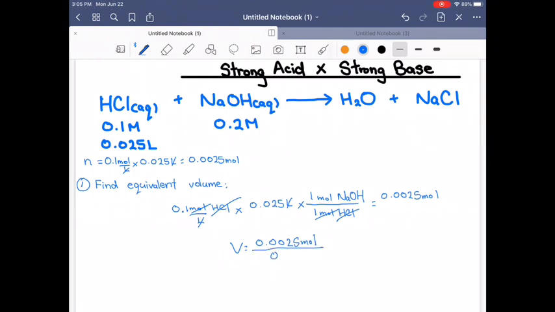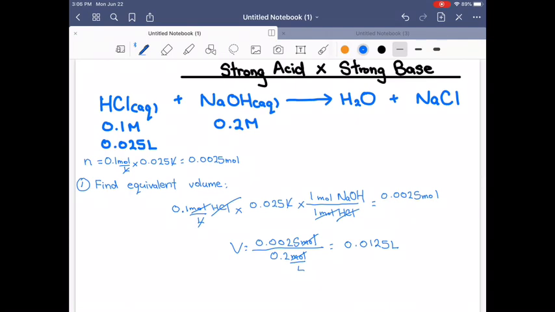Divide that by 0.2 moles per liter. Okay, moles and moles cancel, and you're left with volume. That will give you a volume of 0.0125 liters. Okay, so that's 12.5 milliliters of NaOH to reach endpoint.